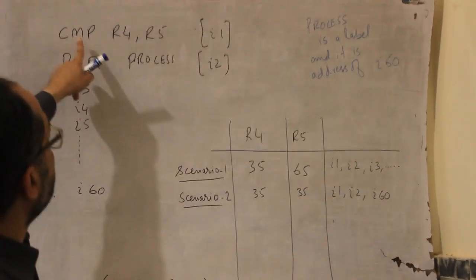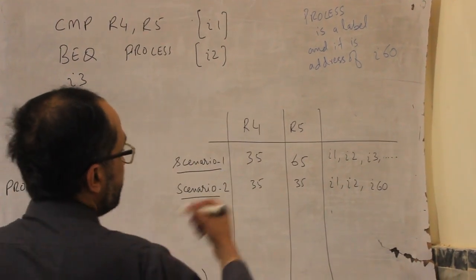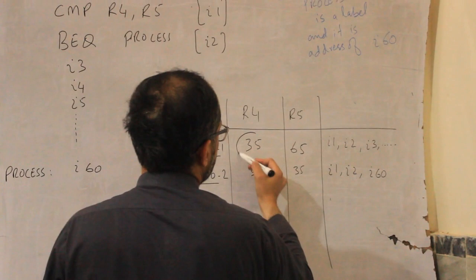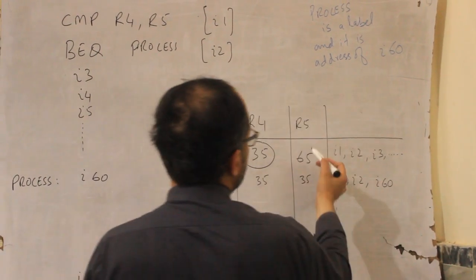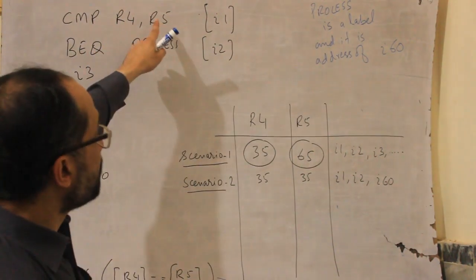So there are two scenarios. Scenario 1, in which the contents of R4 is 35 and the contents of R5 is 65. They are both compared.